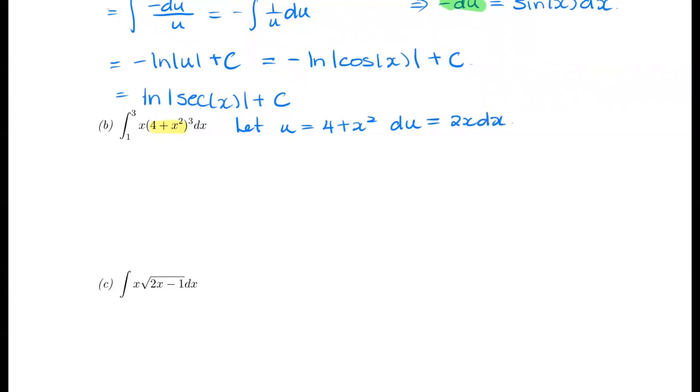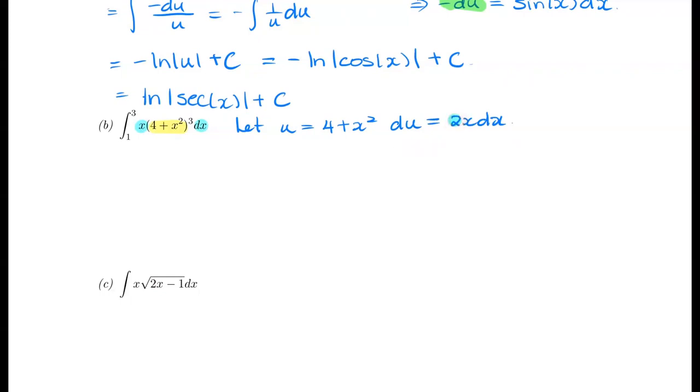Since we only have an x multiplied by dx here, but we have a 2 in front, whenever we have some constant that is unnecessary, we just bring it to the other side.